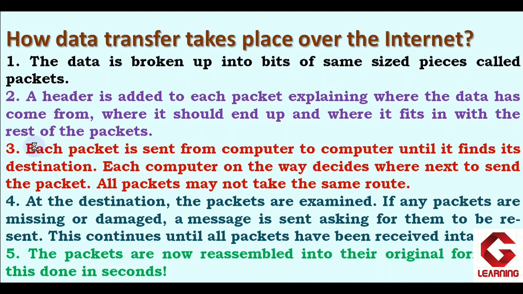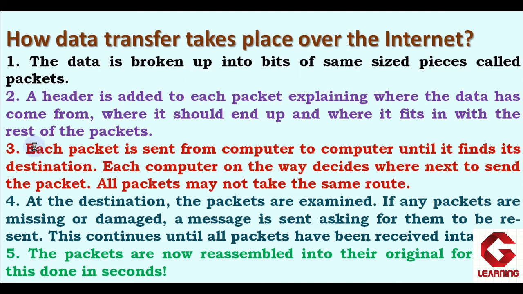So as the destination computer receives all the packets, it checks all the packets' data, whether it is correct or not, because sometimes the data of a packet may get damaged or corrupt, and sometimes a complete packet may get damaged completely and doesn't reach the destination computer. So for this, the destination computer checks that all the packets are in the correct state, their data is correct, and that it has received all the packets.